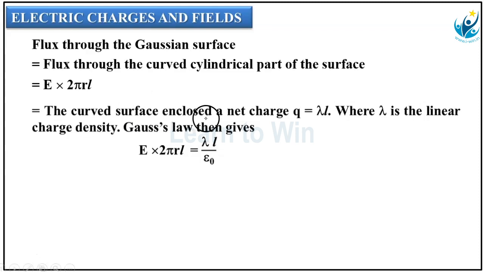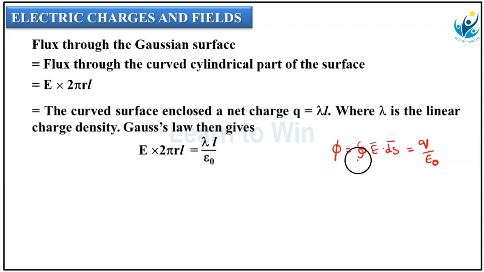The curved surface encloses a charge Q, where lambda is given. What is lambda? Linear charge density. Then Q is equal to lambda into L. From Gauss law, phi is equal to closed integral E bar dot ds bar, which is equal to Q by epsilon naught.